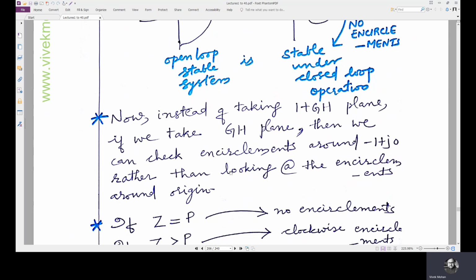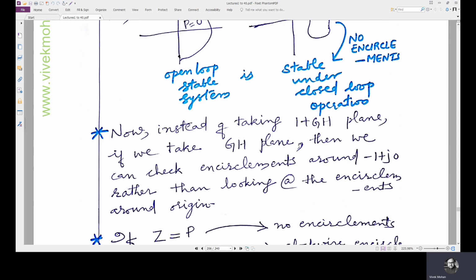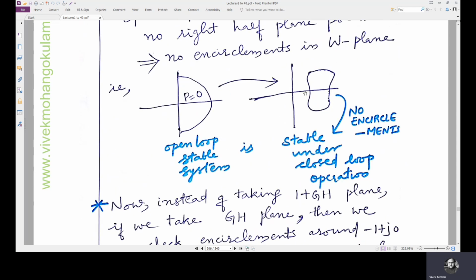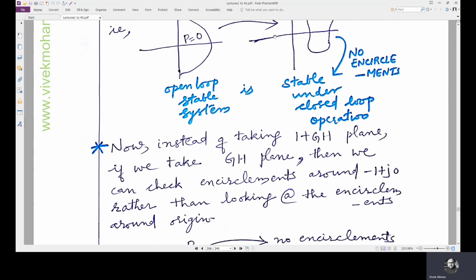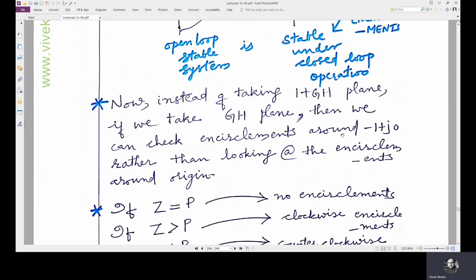So instead of looking at the number of encirclements around the origin, we have to check the number of encirclements around -1 plus J0 if we shift to the GH plane.